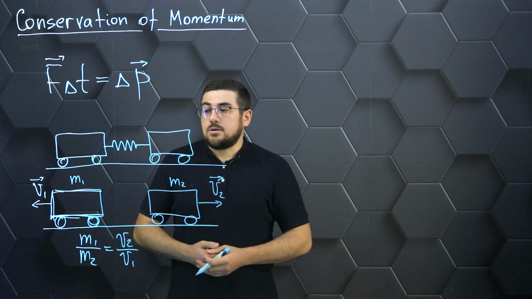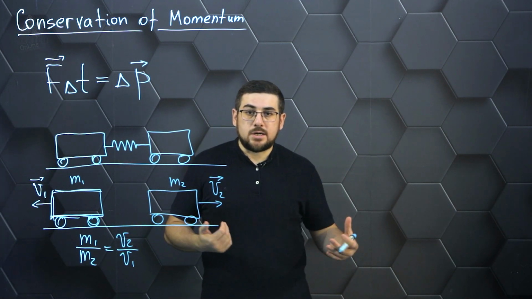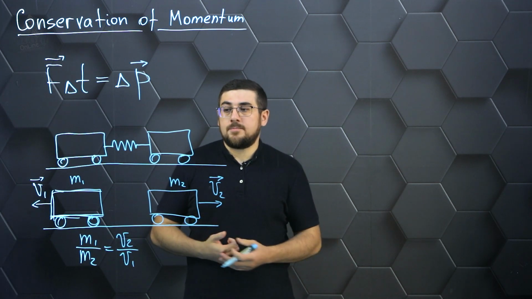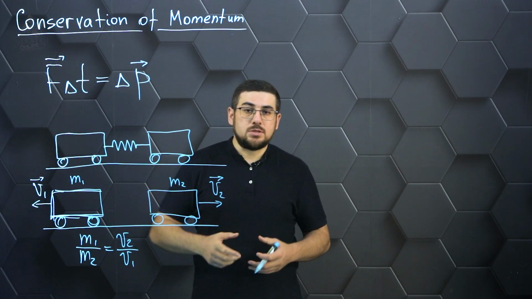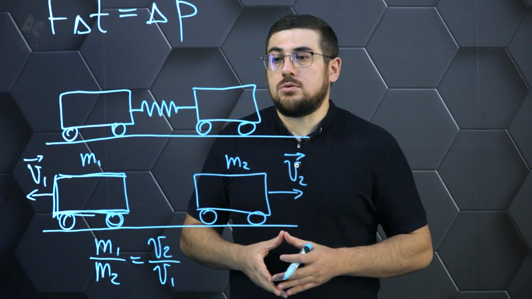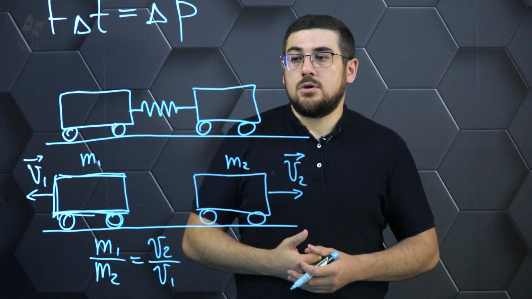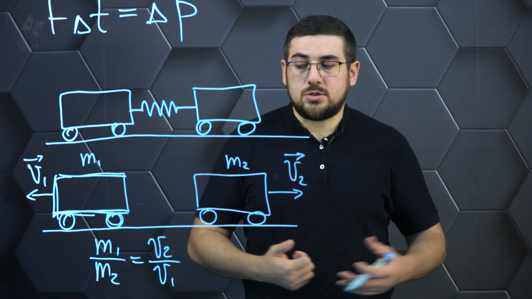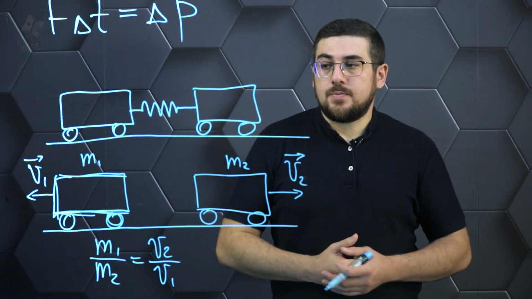Why is it so? The point is that when the spring begins to act on each cart and sets it in motion, a certain force, the force of elasticity on the part of the spring, acts on each cart. But by Newton's third law, we realize that in modulus the forces will be equal to each other and in direction they will be opposite. If we sum these forces within this system, we get zero.